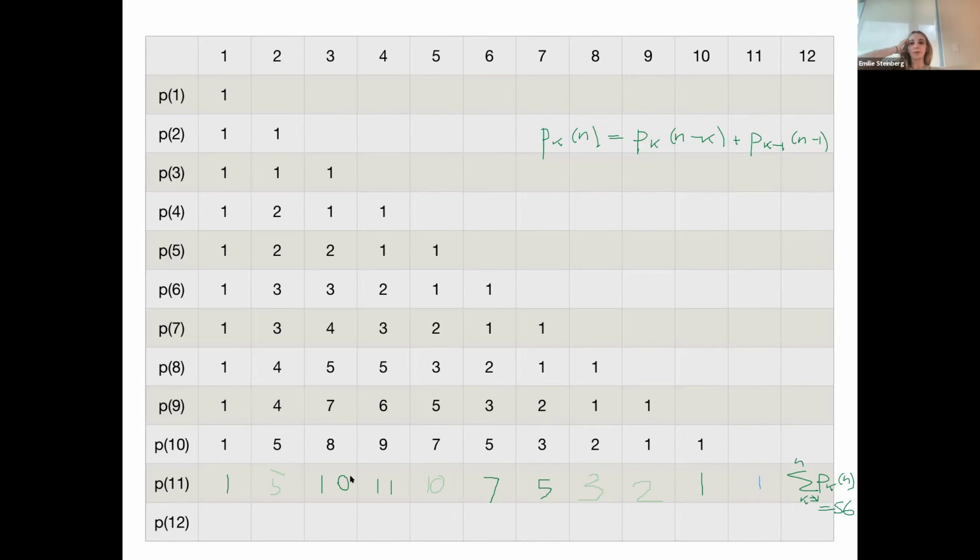No, I know the number of partitions of 11 is 56. That was good. So if this is correct, it should be 56. Check if this adds up to 56. There are people who calculate very fast in their head. You can probably teach yourself to do it. Yes, it's 56. Great, so it looks like it's working.